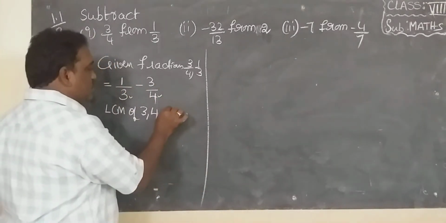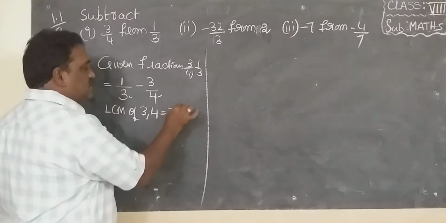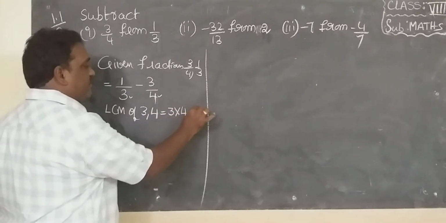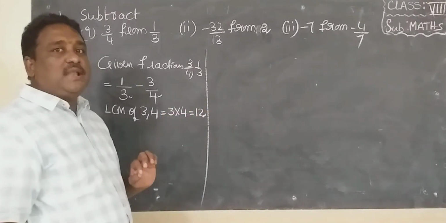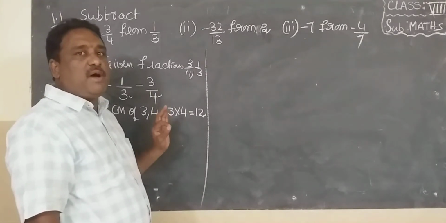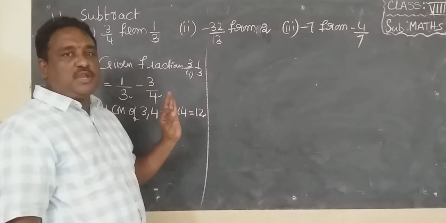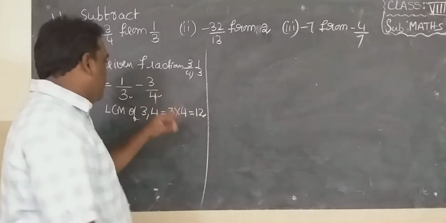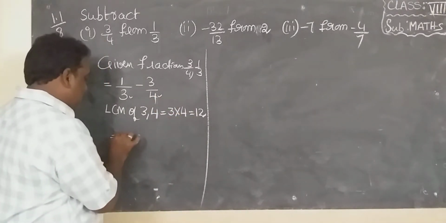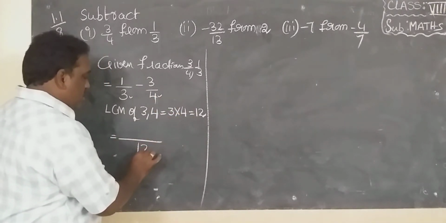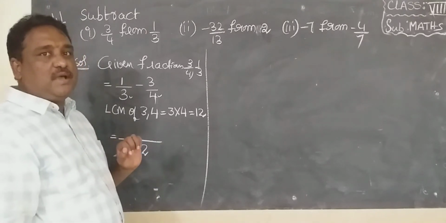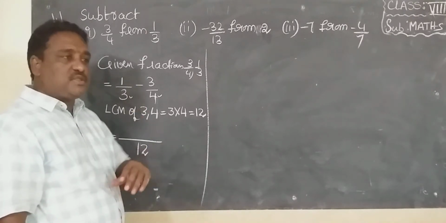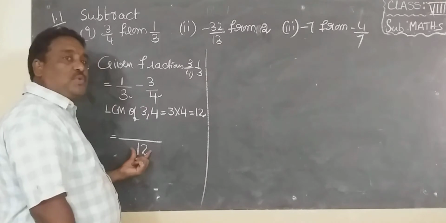For consecutive numbers, their product becomes the LCM. 3 fours are 12. So LCM of 3, 4 equals 3 into 4 equals 12. You know the LCM procedure. LCM is 12.